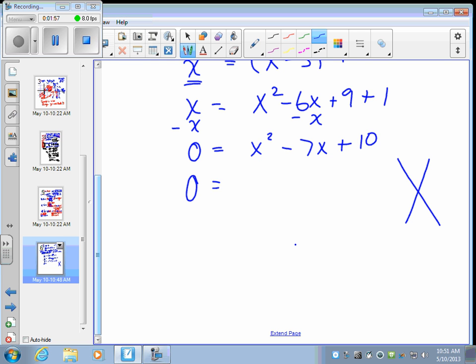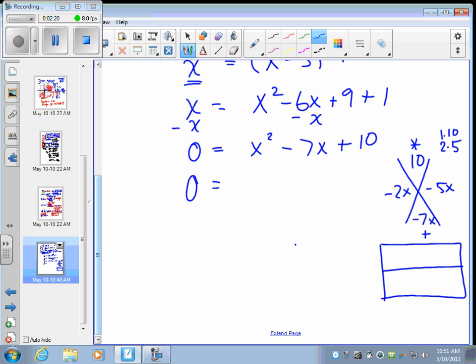So I know that they have to multiply to be 10, but they have to add up to be negative 7x. I'm thinking about all the things that multiply to give me 10, and it looks like 2 and 5 might be able to add up to negative 7 if they're both negative. So that'll help me when I'm constructing.